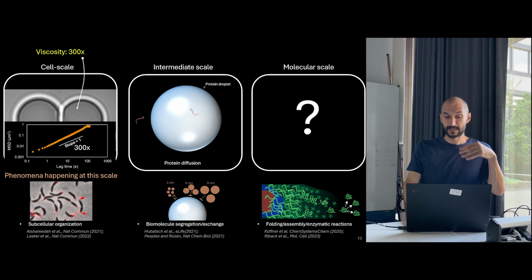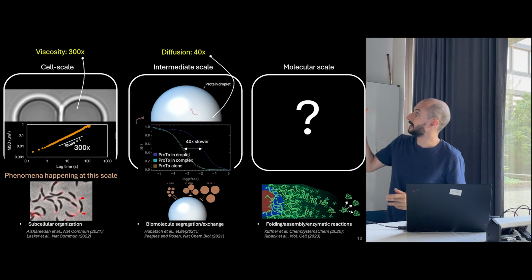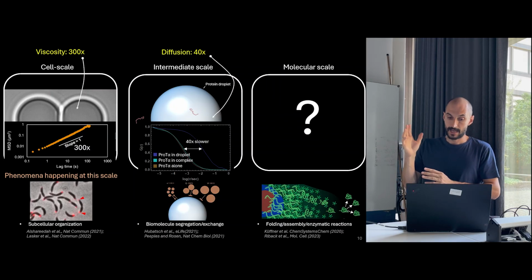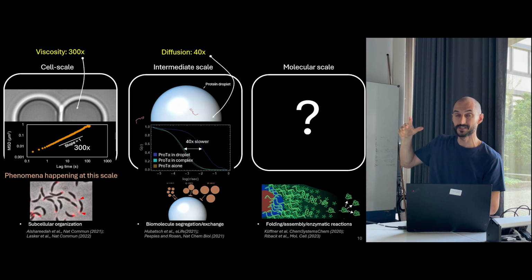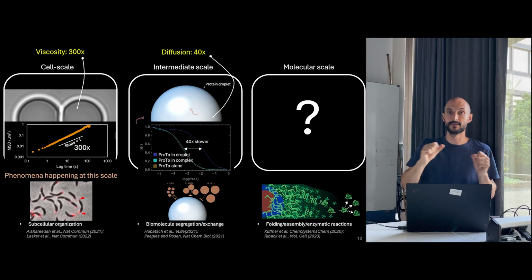So these are what they call here cell scale properties, material properties. Then at the intermediate scale, I measure diffusion with fluorescence correlation spectroscopy. In that case, I measure a diffusion of prothymosin alpha in the dense phase which is about 40 times slower than what you have in the dilute phase outside of the droplets.